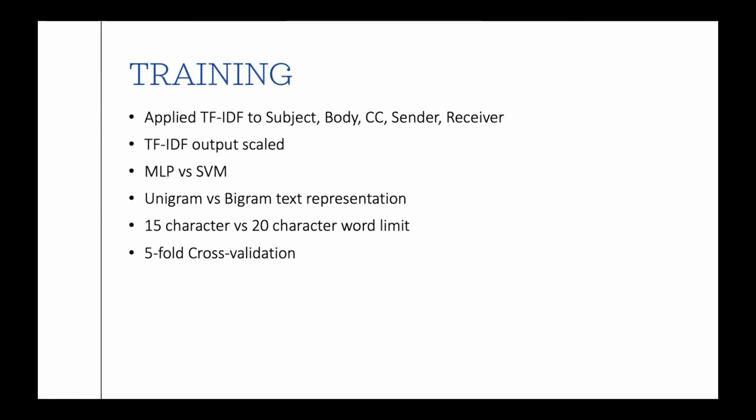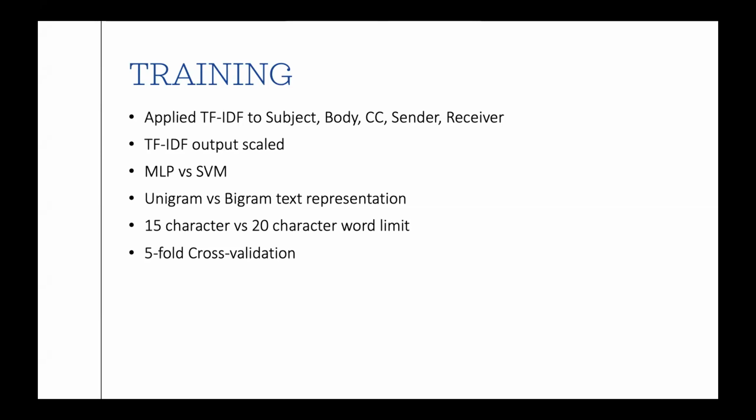So to train this model, TF-IDF was applied to the subject, body, the copy field, and the sender and receiver of these emails, right? And as mentioned before, even in the subject and the body and wherever, individuals' names were replaced with team names where possible, and other people were just replaced with a general placeholder that says they are staff.